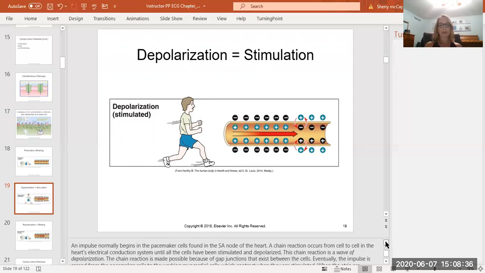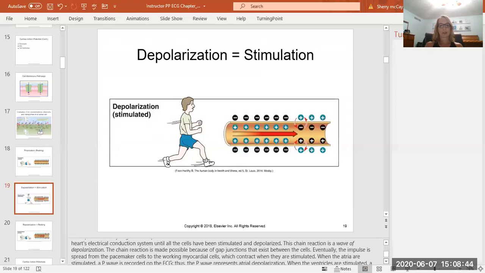The chain reaction is made possible because of the gap junctions that exist between the cells. Eventually, the impulse is spread from the pacemaker cells to the working myocardial cells, which contract when they are stimulated.